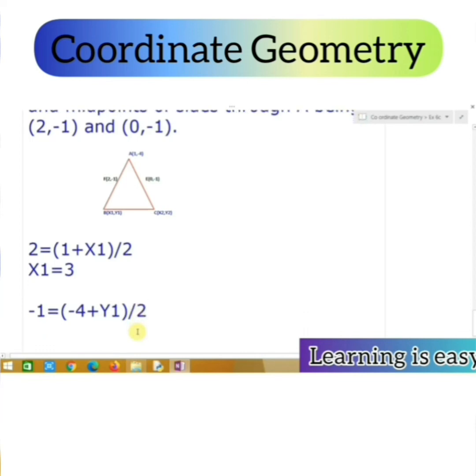So y1 is going to be 2 minus 2 plus 4, so that's plus 2. So we got the coordinates of B. That's going to be 3 comma 2.